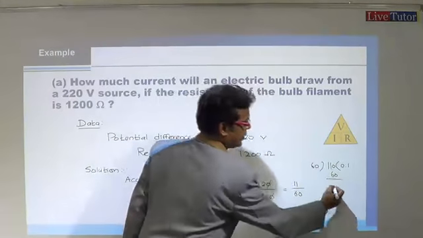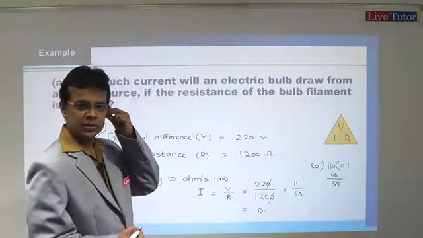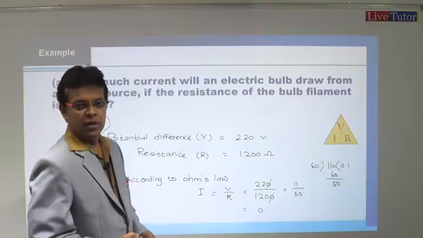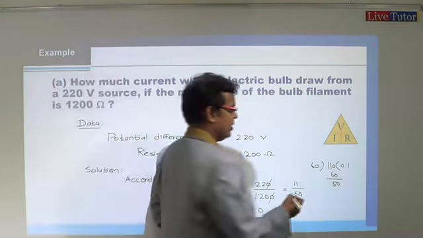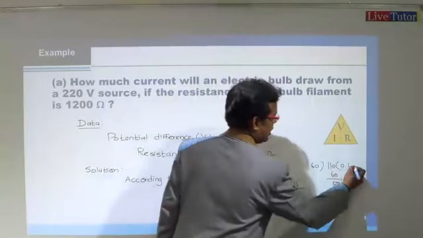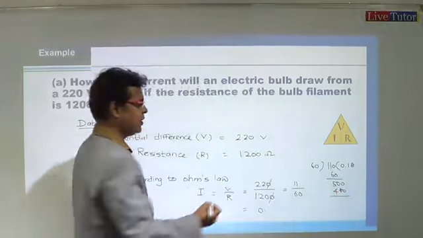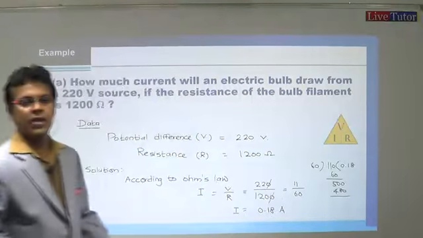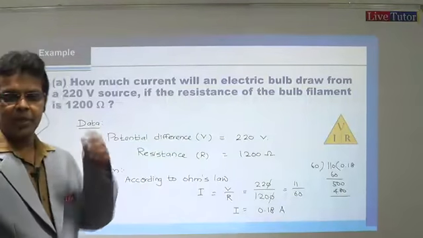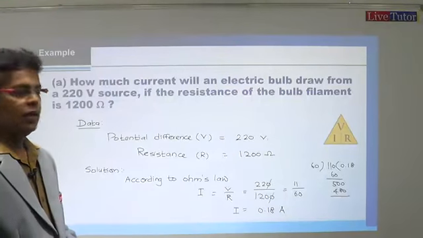What is remaining? 50. Again you can add 0. 8 times you can say 480. So it will go on like this. We can find out only the first 2 digits. The unit of current, you know, it is ampere. So I is equal to 0.18 ampere. This is how we have to find out the answer.